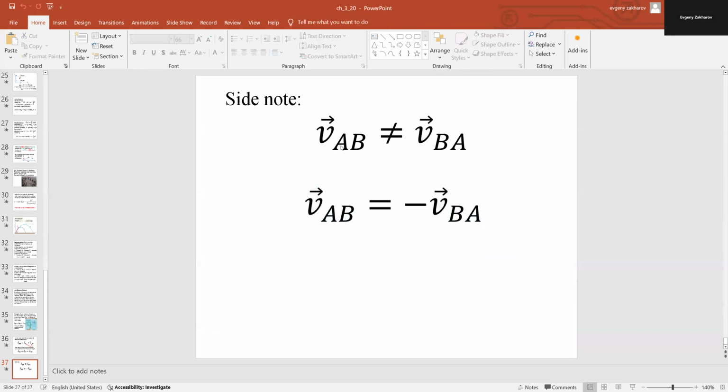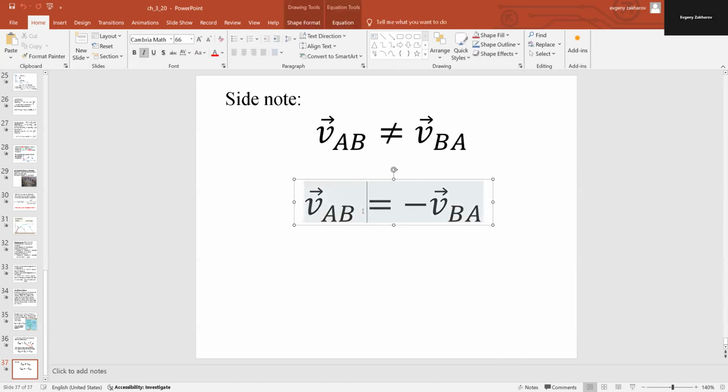So A with respect to B is not the same as B with respect to A, but A to B is exactly the opposite of that. So once you introduce a negative to one of the sides of the equation, you can set them equal. And we'll solve some problems, and you'll see how this works.